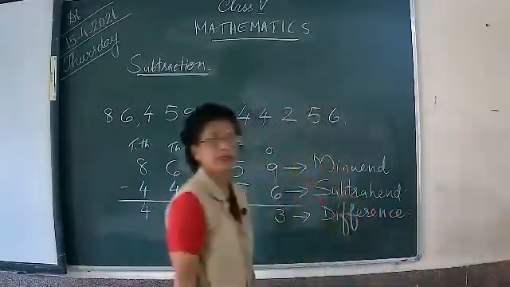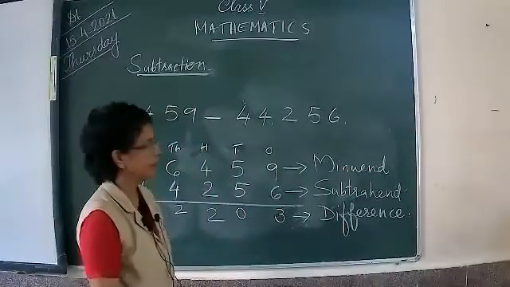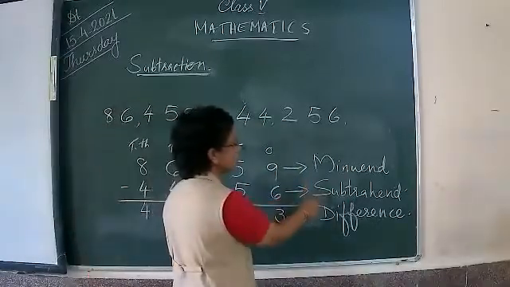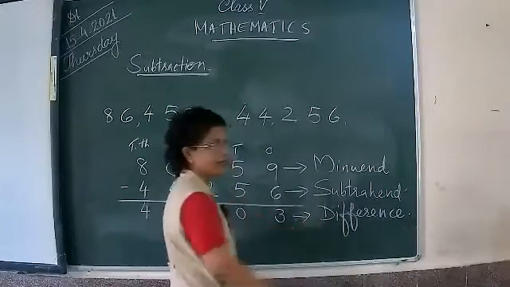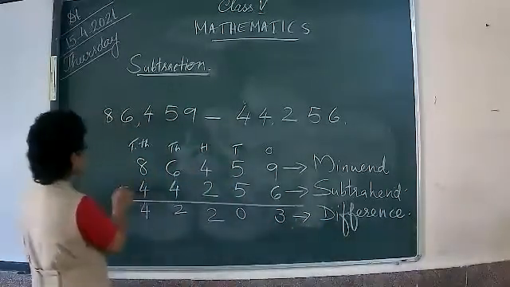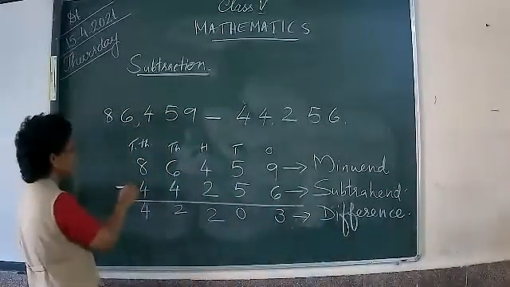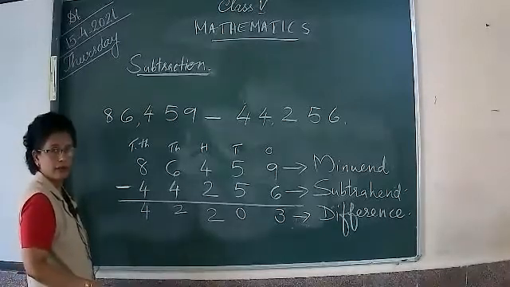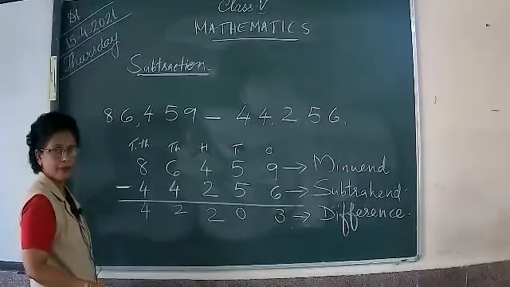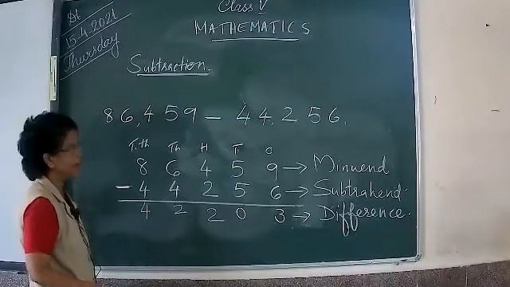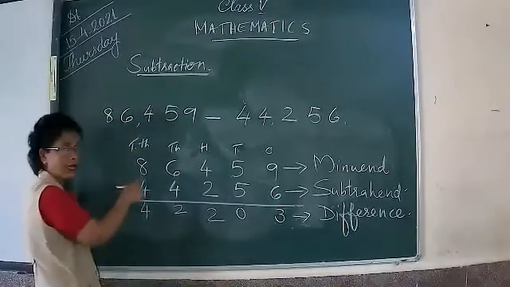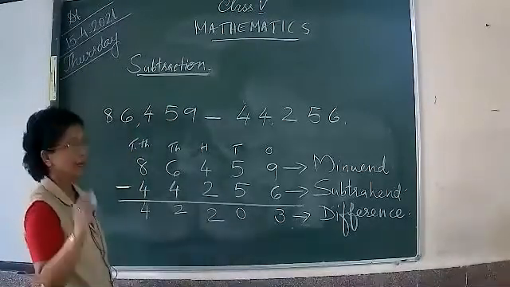Okay. So there is minuend, subtrahend and difference. And in subtraction, don't forget to put this sign. This is minus sign. Okay, children? What are the things you have to remember there? You have to make sure that you are copying down the numbers correctly.